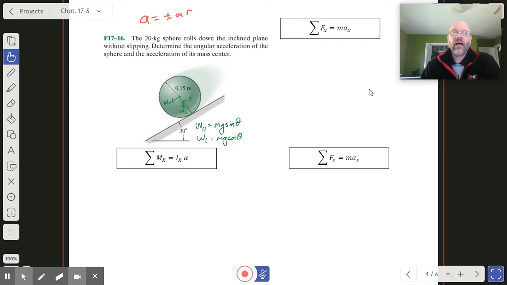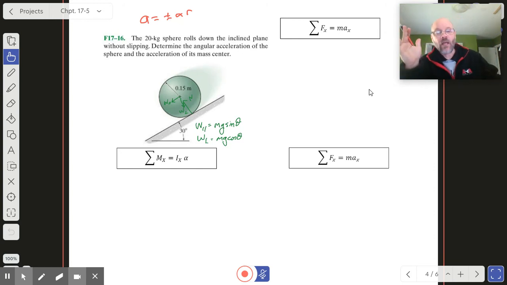Now, how can we figure out what's the direction of the friction? Well, we know that the perpendicular component of the weight and the normal force cancel each other out. They're not going to do anything to the motion of the object. So all we have is that parallel component. Suppose that we only had the parallel component, in other words, no friction.